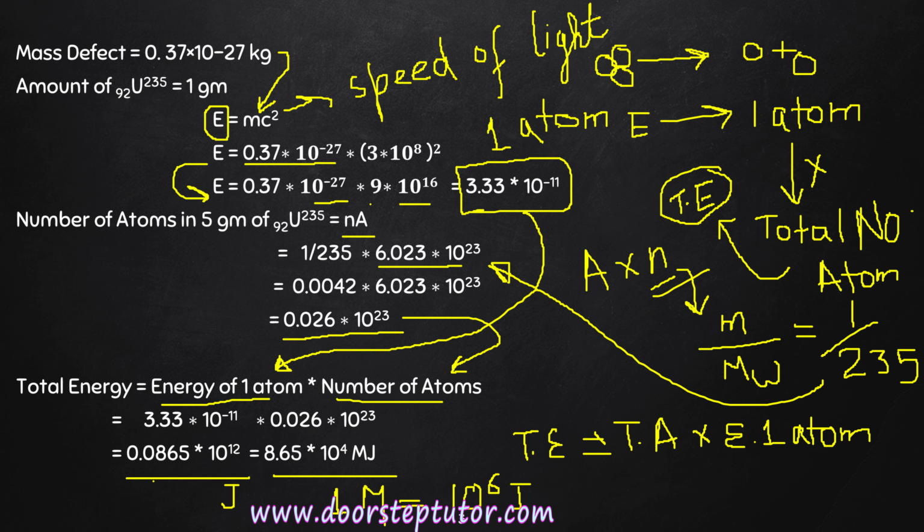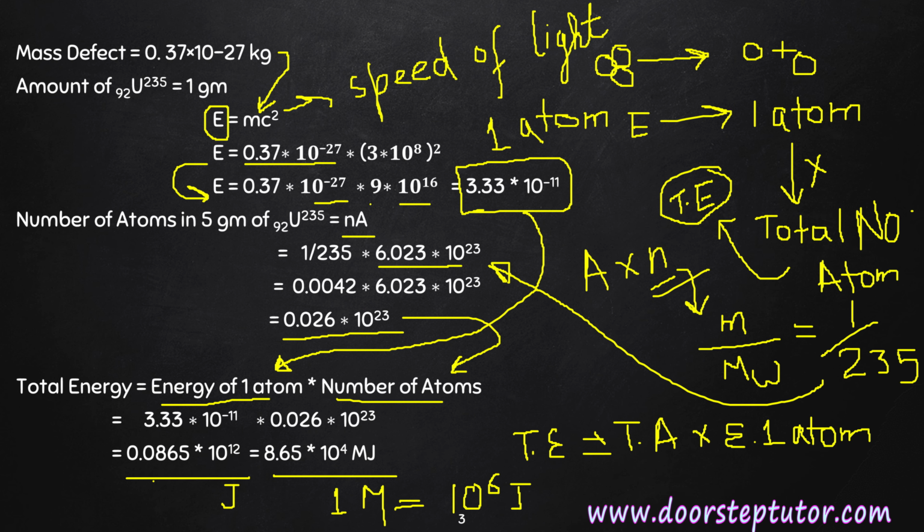So by multiplying these two, we can easily get the total energy. So in this, energy of one atom into number of atoms, so we got the energy obtained by one atom is here, and the number of atoms we'll put it here.